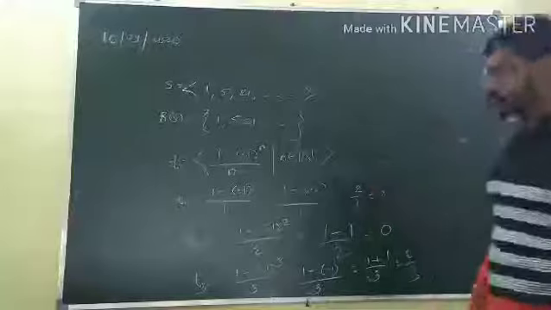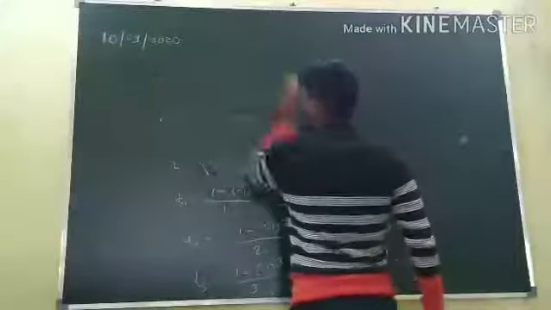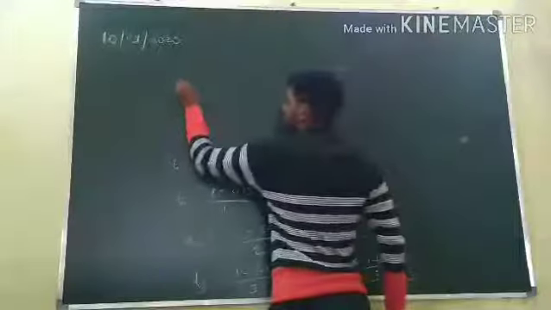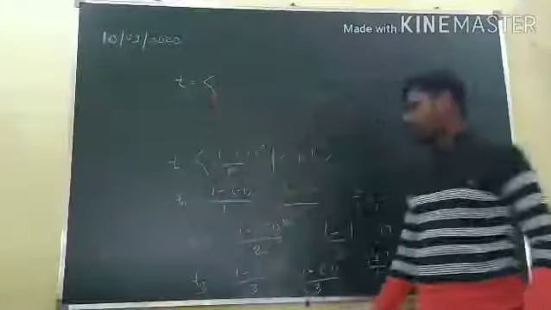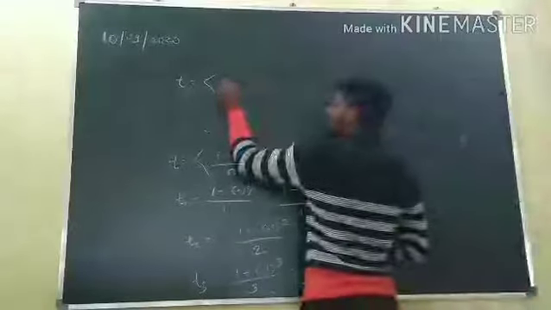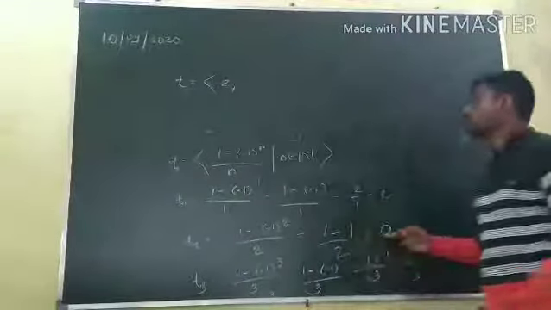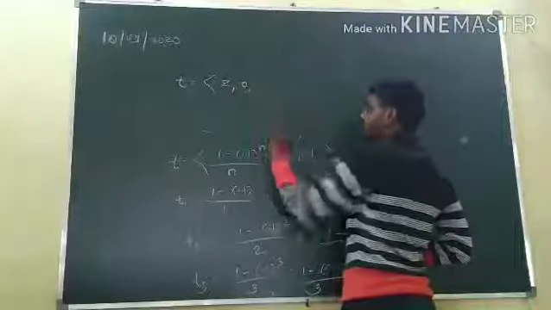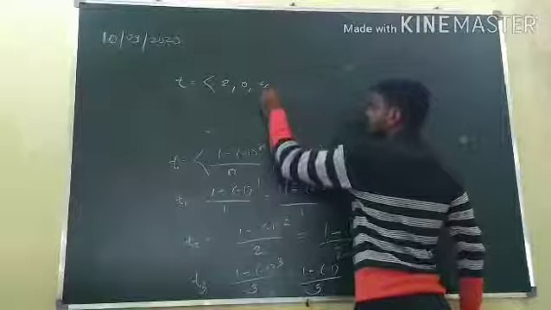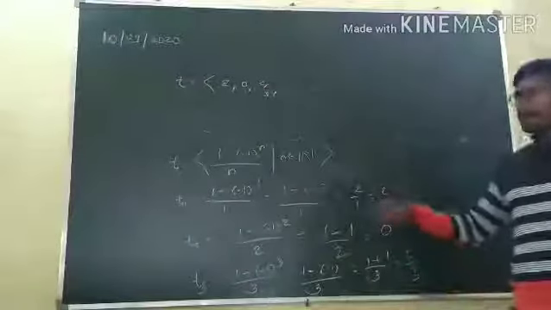Okay, so we will write the sequence t. What is the first element? We have deduced it is 2. What is the second element? It is 0. What is the third element? 2 by 3. So what is the next element?